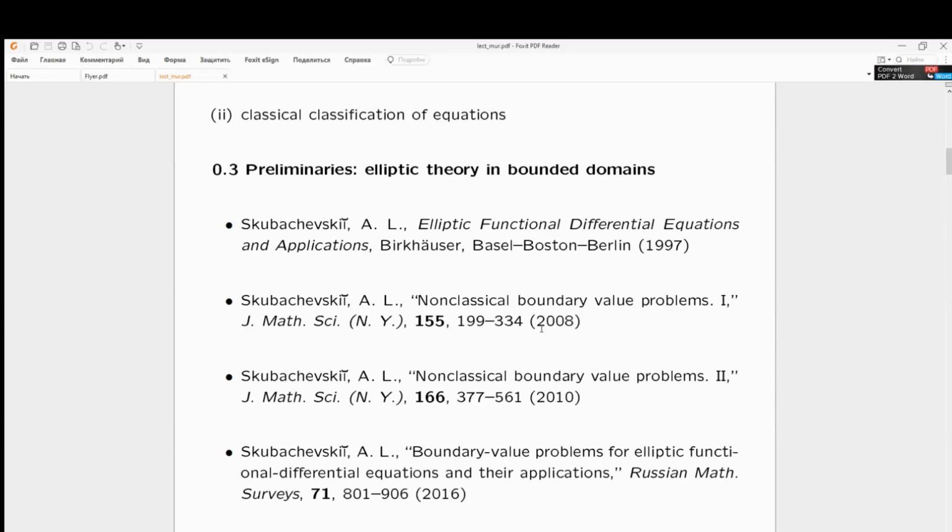Since each differential difference operator is a Fourier multiplier, you can define its ellipticity via the sign of the real part of its symbol.